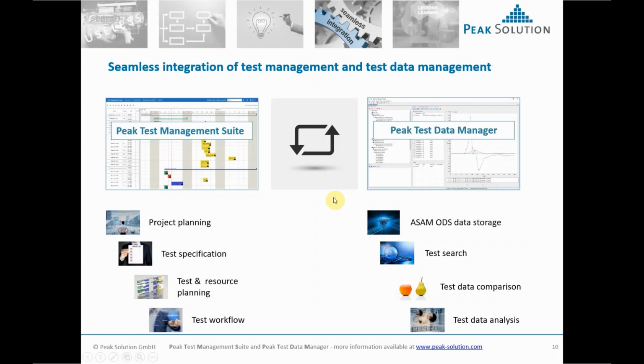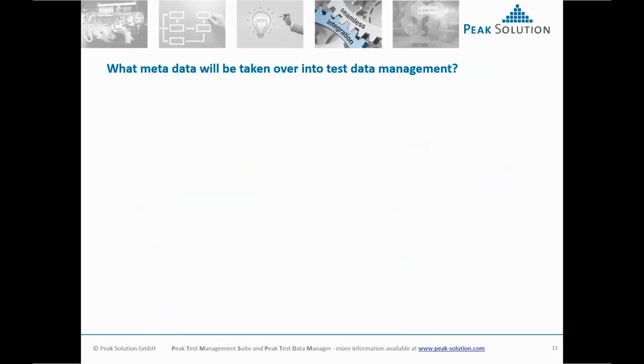Both systems, Peak Test Management Suite and Peak Test Data Manager, work integrated together for you. Let's have a look at what information can be transferred from test planning into our test data management with our tools.